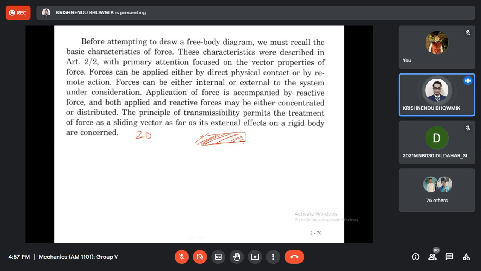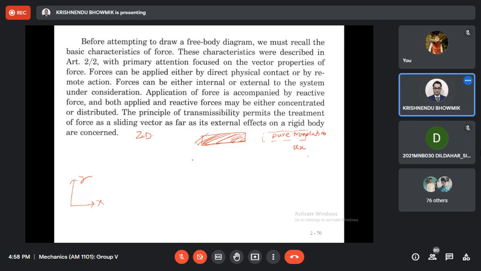I'll put x, y in a distance. So this is x and y. So these basically can have pure translation along x, we call ux. Pure translation along x it can move.